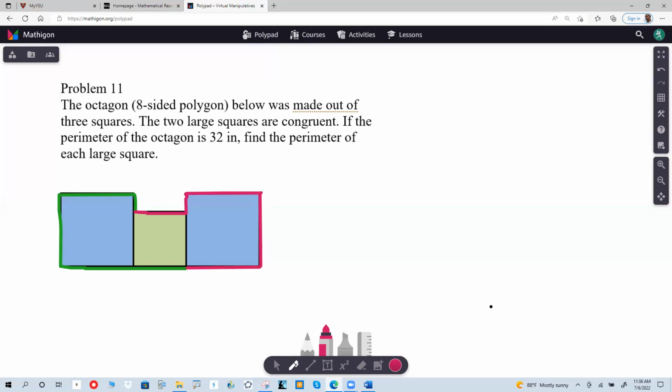Okay, all the 1, 2, 3, 4, 5. These 5 pink rods also form the perimeter of the blue square as well. All right. Now, the pink pieces plus the green pieces together form the perimeter of the whole shape.